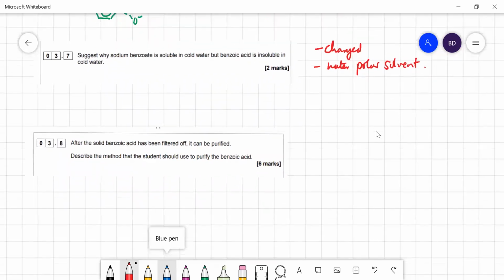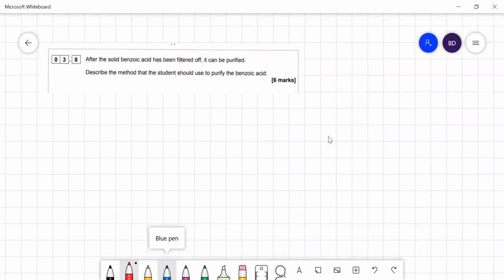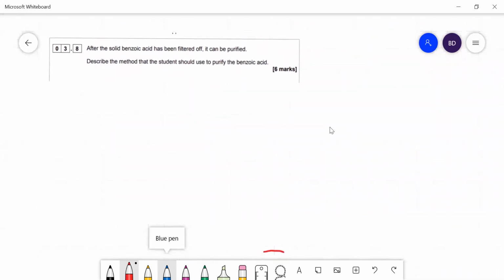Right, after the solid benzoic acid has been filtered off, it can be purified. Right, describe the method the student should use to purify benzoic acid. So really what we're talking about here is recrystallization, which again is a required practical, and the aspirin practical. You have to do a recrystallization there. So how do you carry out recrystallization?